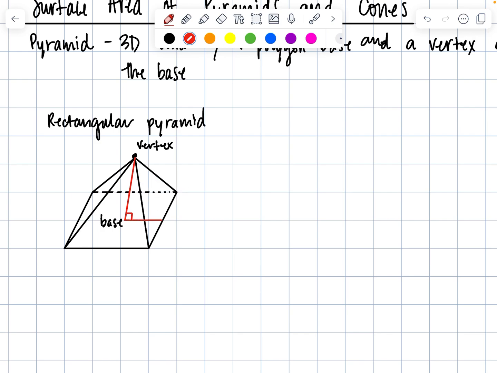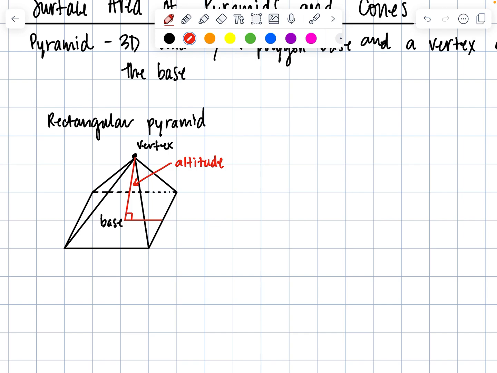I'm also going to draw a segment that is perpendicular to that altitude. Let's label this first. This is your altitude, because it goes from the very tip top, that's your U, to the base.